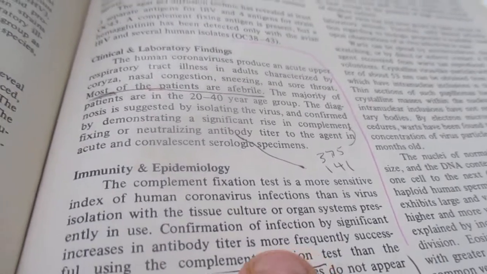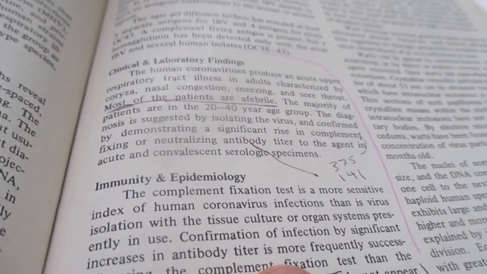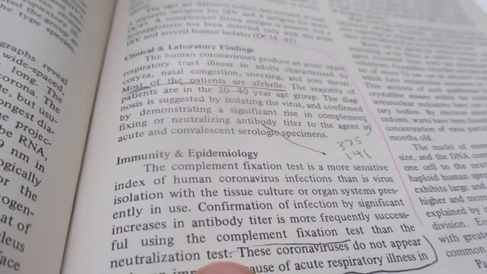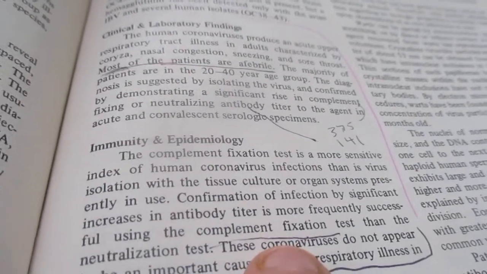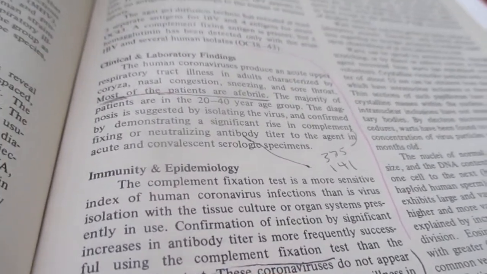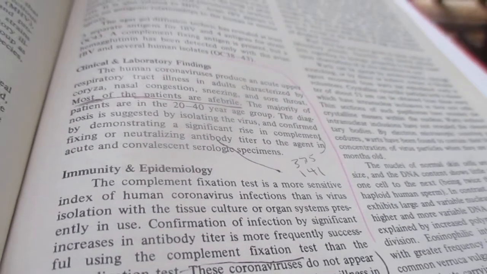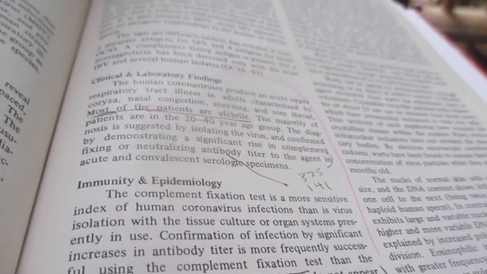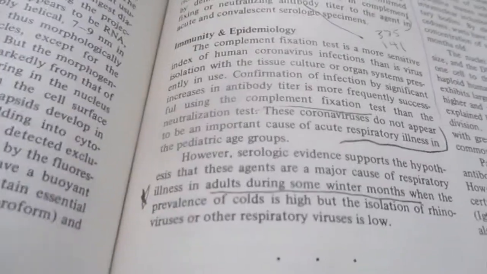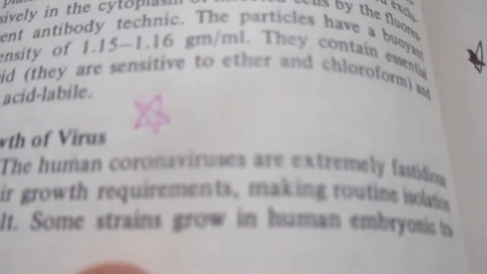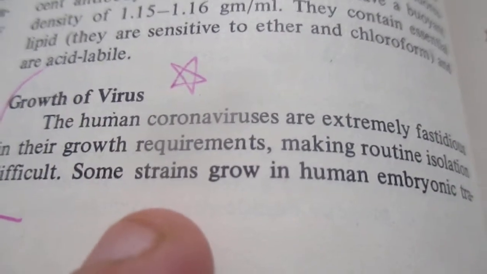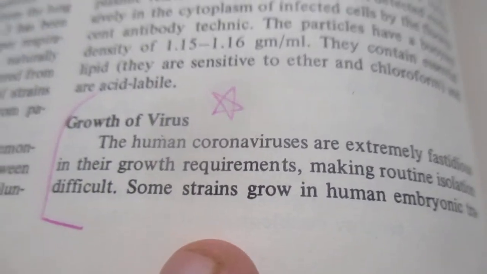Confirmation of infection by significant increases in antibody titer is more frequently successful using the complement fixation test than the neutralization test. These coronaviruses do not appear to be an important cause of acute respiratory illness in the pediatric groups. And I'll end with what I said before. The human coronavirus is extremely fastidious in its growth requirements, making routine testing difficult.